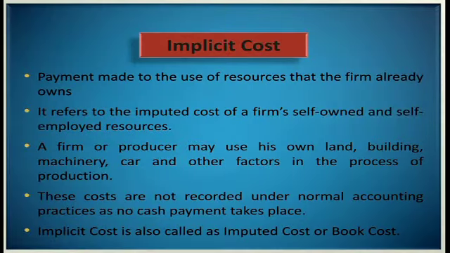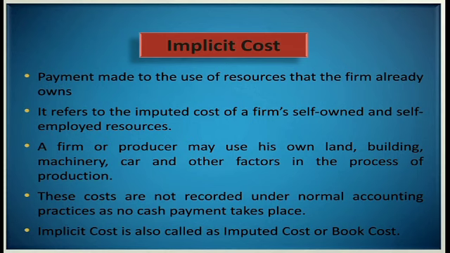And implicit cost, payment made to the use of resources that the firm already owns, is known as implicit cost. In simple terms, implicit cost refers to the imputed cost of a firm's self-owned and self-employed resources. A firm or producer may use his own land, building, machinery, car, and other factors in the process of production.